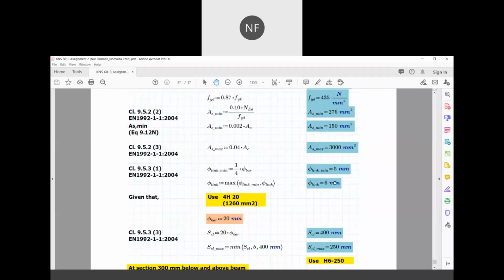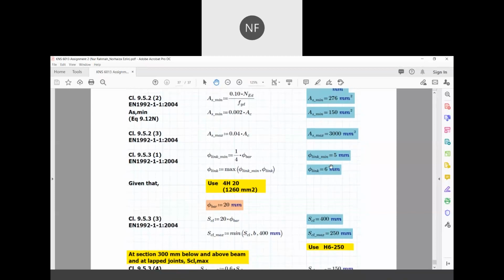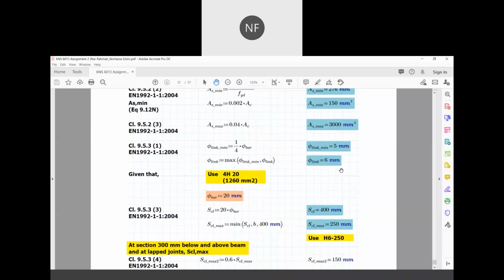And then here is the calculation for the links of the column, where we are going to apply for our design the one that has the greater value when comparing the diameter of the minimum link and the diameter of the link.